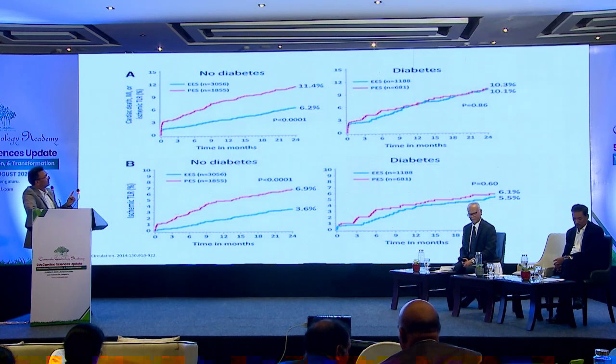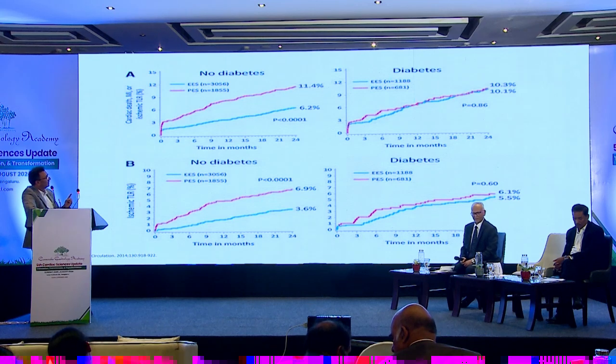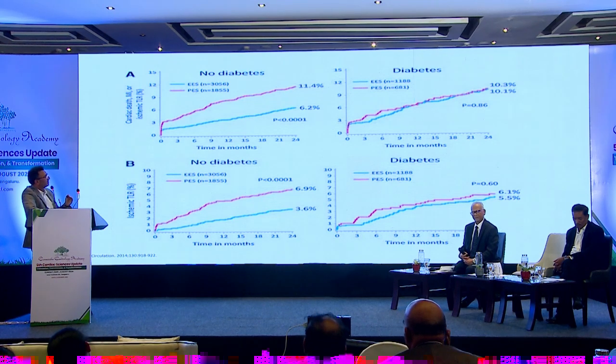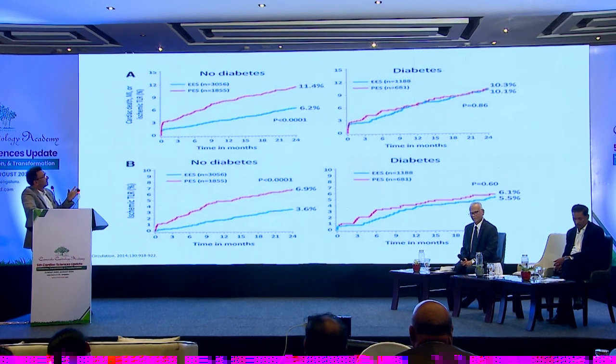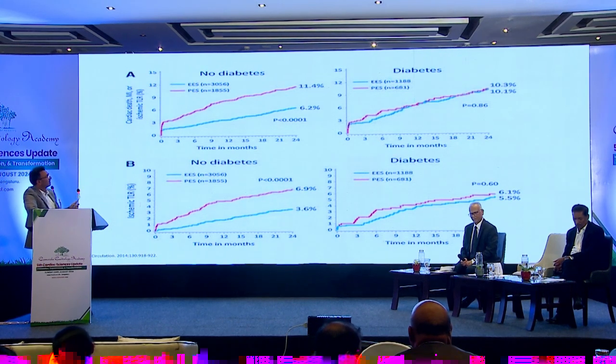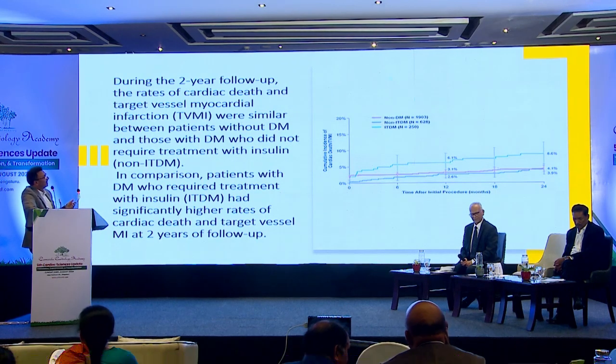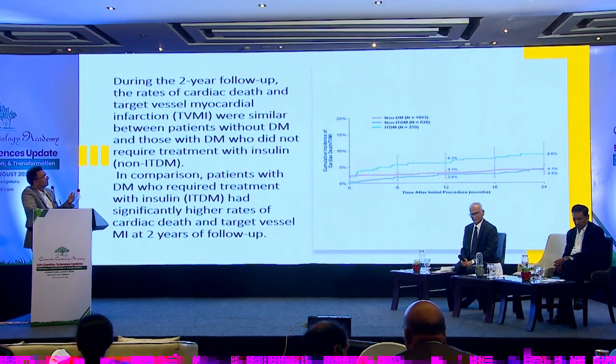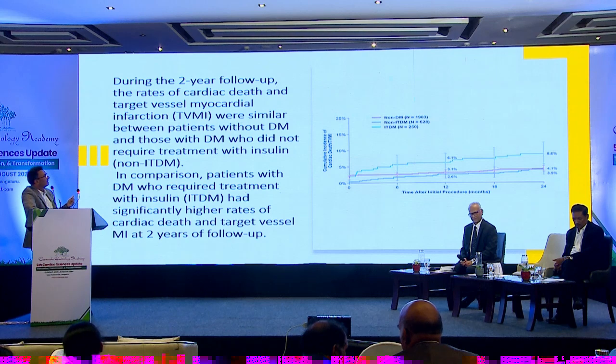When you do angioplasty in patients with diabetes, it has been shown that when you compare contemporary stents with older generation of stents, the benefits of contemporary stent technologies is lost in patients with diabetes. And if a diabetic patient is on insulin, this impact is even higher.